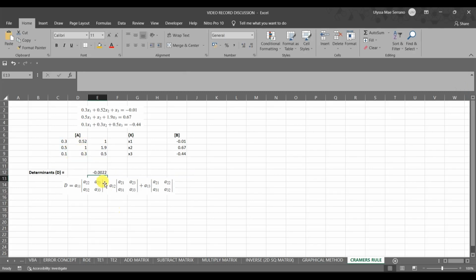We were able to find the value of the determinant, negative 0.022. Or we can simply use the Excel function.